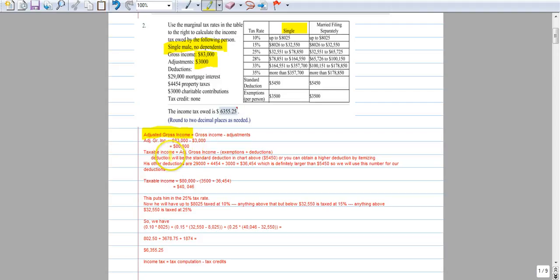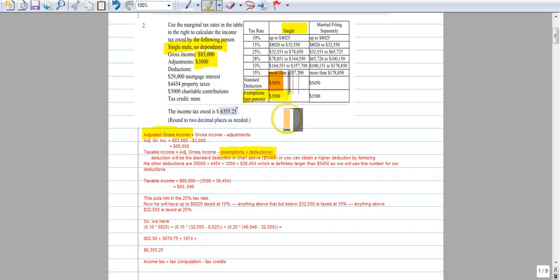Then to find his taxable income, we take his adjusted gross income and subtract both the exemptions and the deductions. Well, you can look up here to find the exemptions. It's listed in the chart. Since he's single, he's got $3,500 in exemptions. And then for deductions, it's either one of two things.